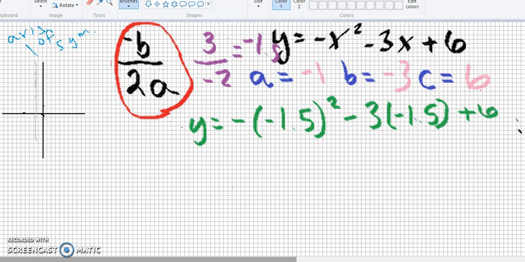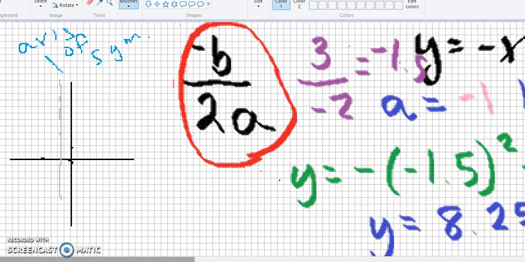Now I'll give you time to plug this into your calculator. And you should get an answer of y equals 8.25.